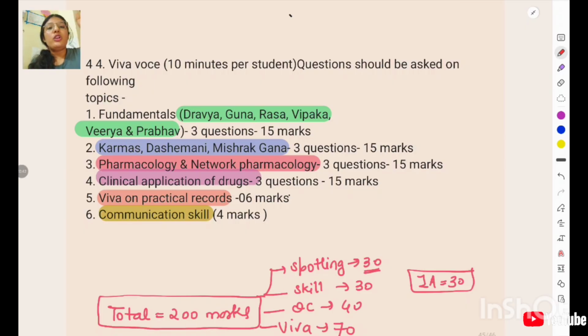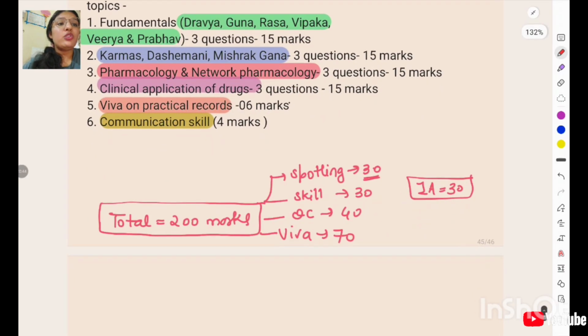So all this constitutes 200 marks. First you have to do the spotting, and 30 spotting will be there, 15 dry drug, 15 fresh drug. Then skill-based, 30 marks. First you have to do the Grahyagrahyata, then you have to do the Mishraka Gana, and one more component is there. Then this case scenario, so this is 30 marks.